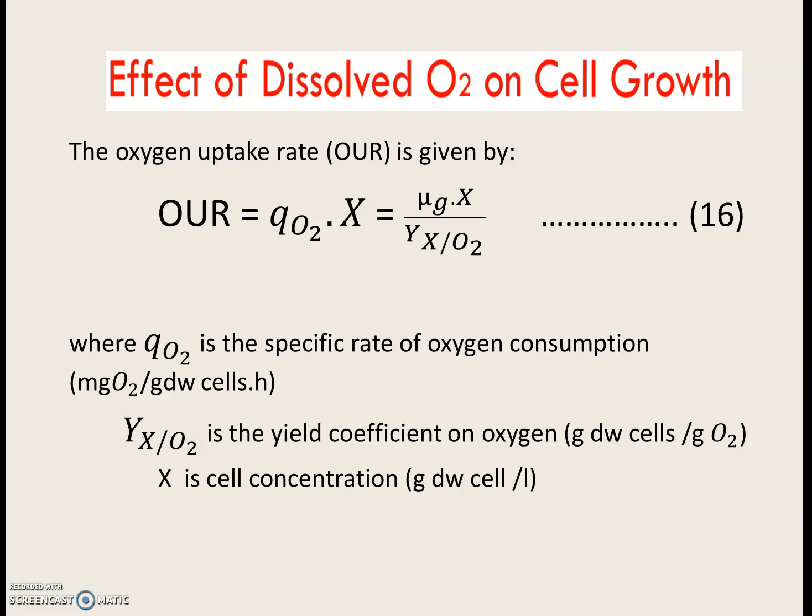In this equation, QO2 is the specific rate of oxygen consumption, YXO2 is the yield coefficient of the cell over oxygen required, and X is the cell concentration. dW is the dry weight. Usually the cell concentration is measured as cell dry weight.